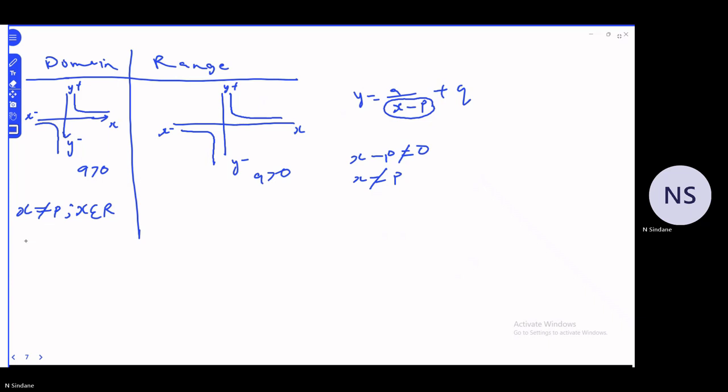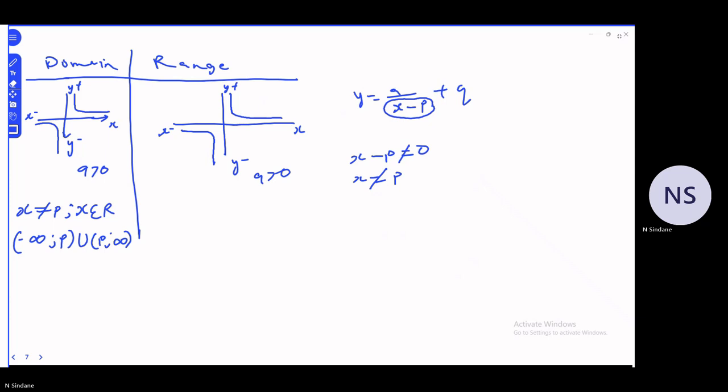And you can also write it like this, from negative infinity up to p, then union, from p up to positive infinity. That is how you can write it, right?